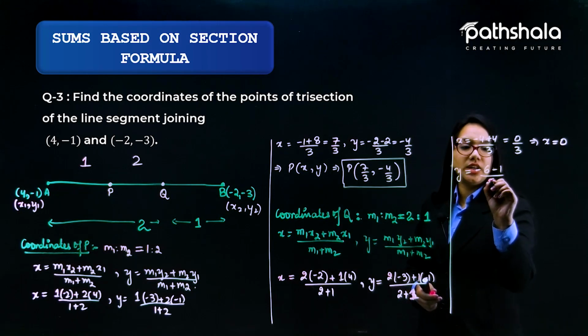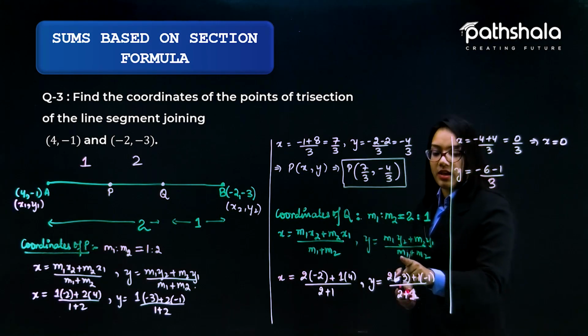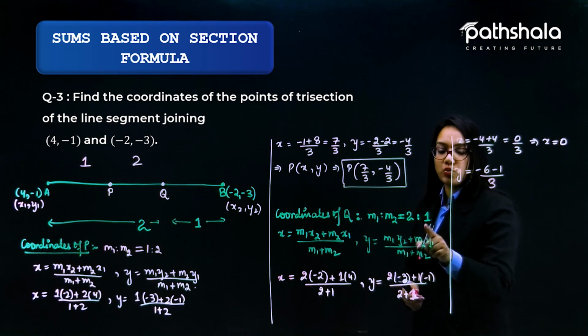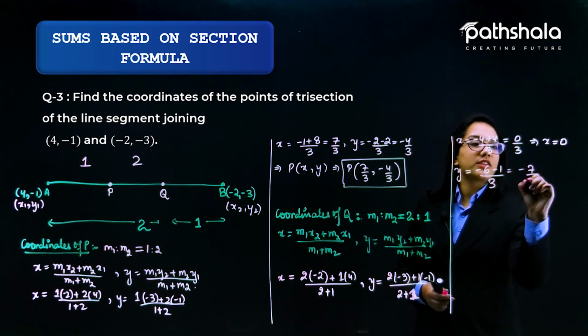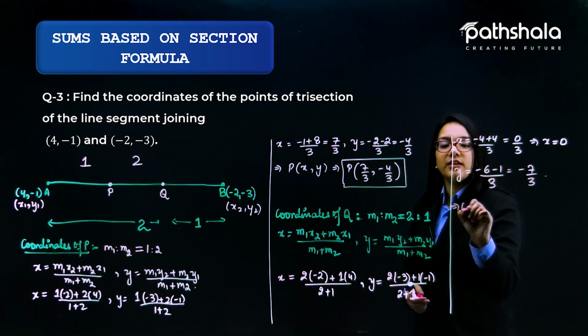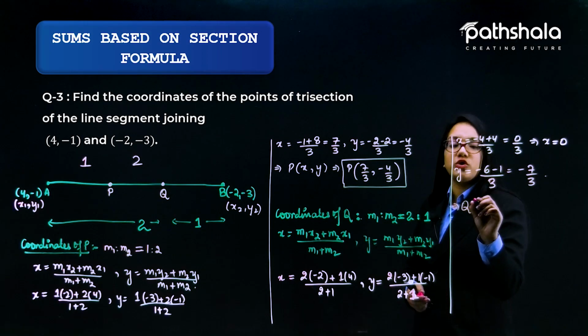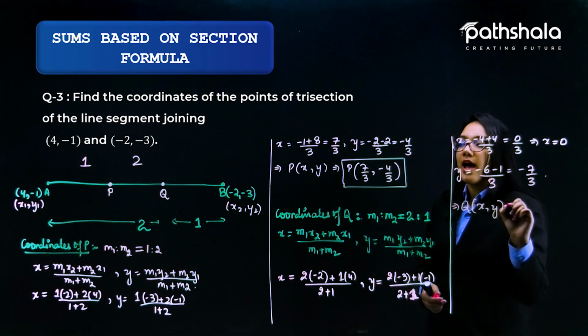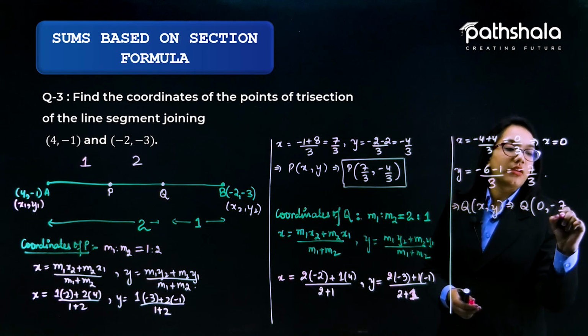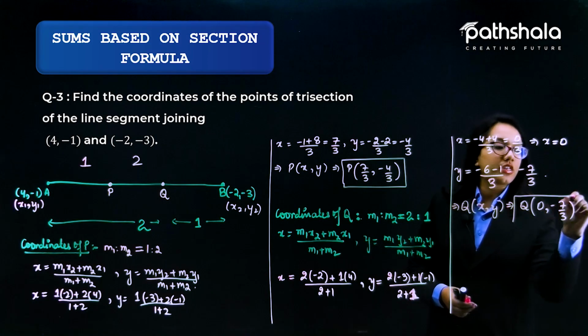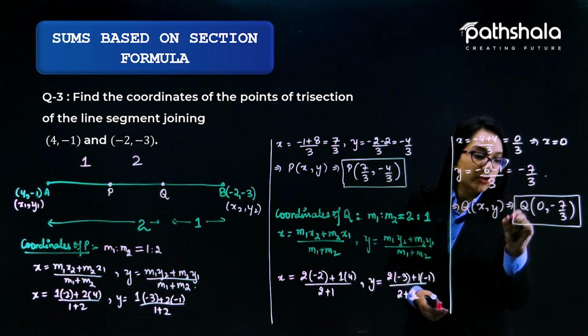So y is minus 7 by 3. At the end, we get the coordinates of Q as x is 0 and y is minus 7 by 3. So these are the coordinates for the point Q.